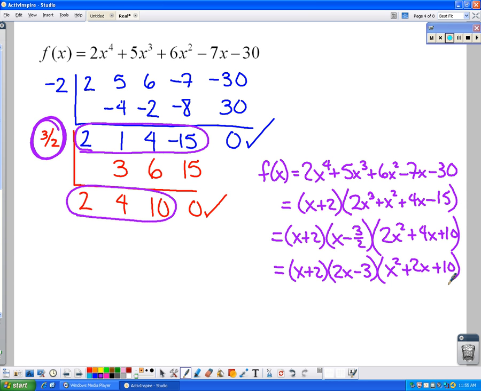Now, a quick check. If you were to look at the first item in each of these factors and multiply those together, you would indeed get 2x to the fourth. Likewise, if you were to multiply the last term in each of these factors, you would wind up with our constant term of -30. So there are lots of reminders along the way that you're doing a problem correctly here. All right.